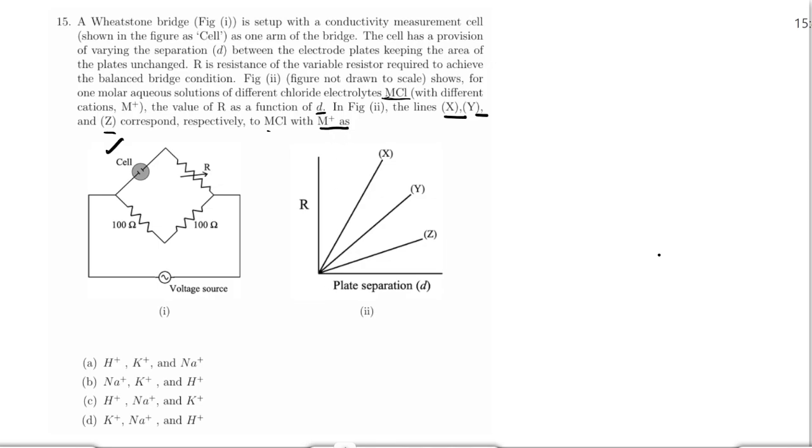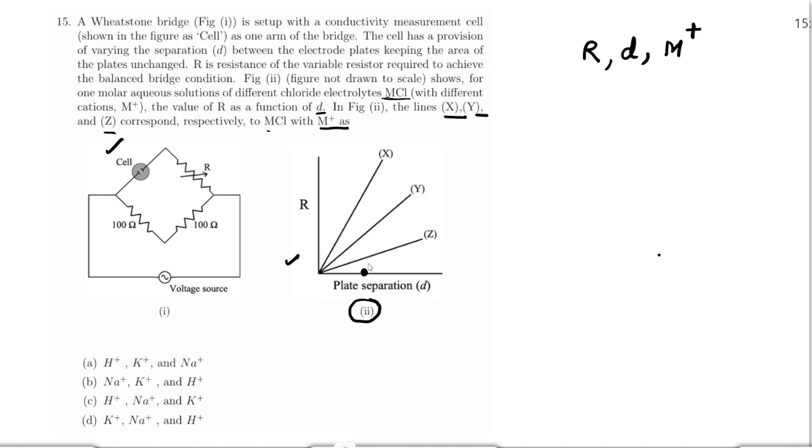Of all, what we do, see there are 3 variables in this graph, R, D and electrolyte. So let us fix one. So let us fix plate separation.